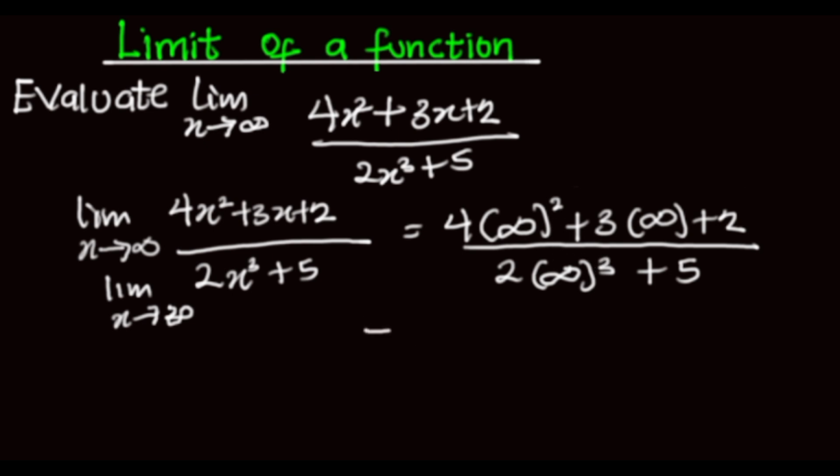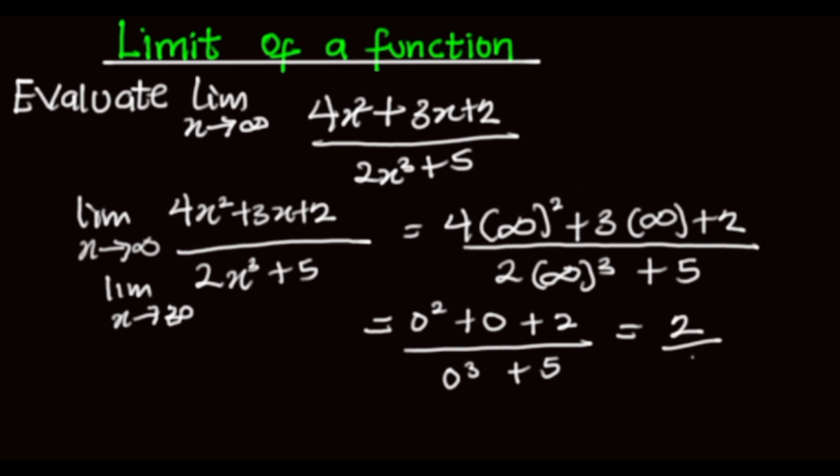So from here we're going to have 0 squared plus 0, then plus 2, divided by 0 cube, then plus 5. So the final answer here is going to give us 2 over 5. The reason we are having it like that is because whenever we are talking about infinity, the limit of a function is not defined.